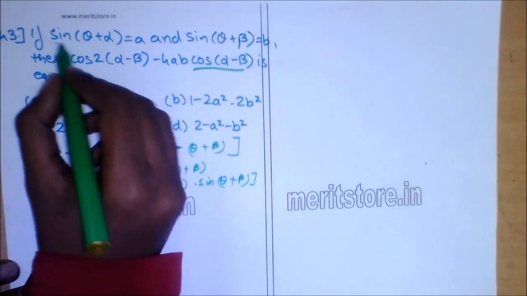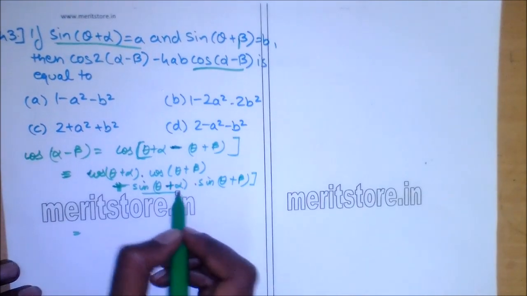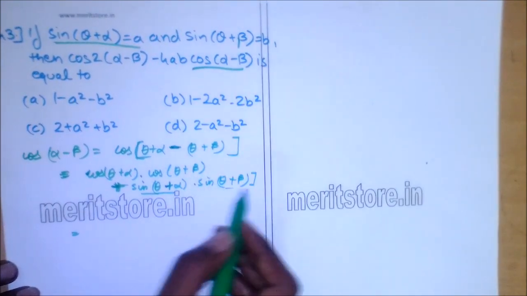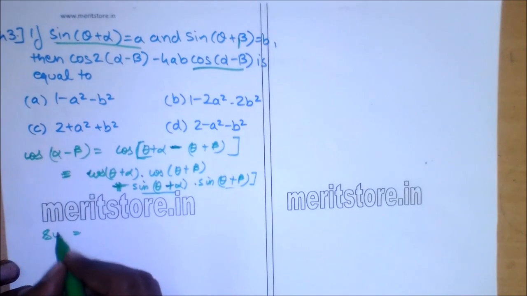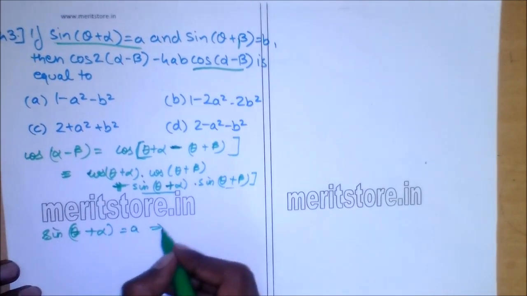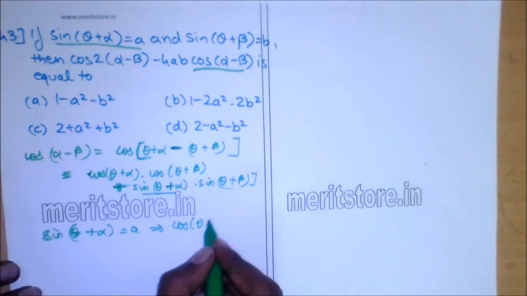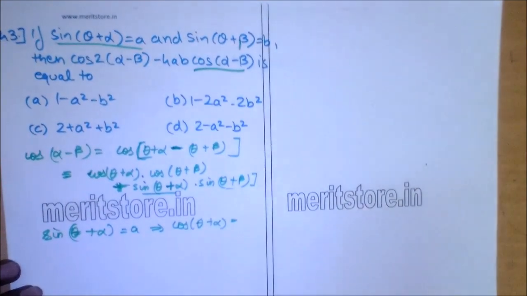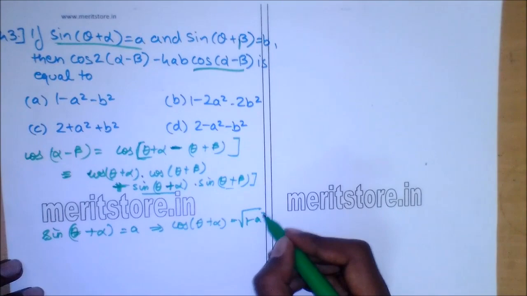But sine of (theta plus alpha) is a and sine of (theta plus beta) is b. Sine of (theta plus alpha) is a. Therefore, cos of (theta plus alpha) is root of 1 minus a square.